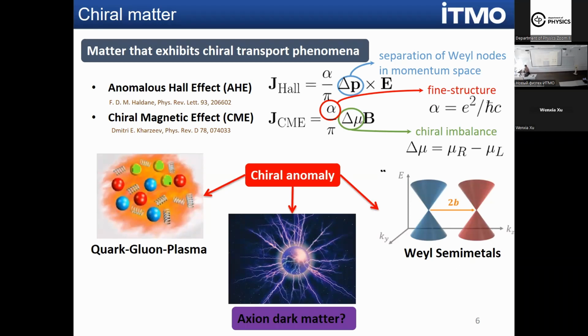Examples of chiral matter are not only the Weyl semimetals, but also the quark-gluon plasma and the hypothetical axion matter.